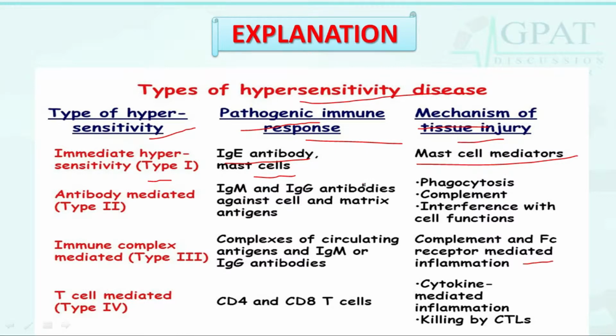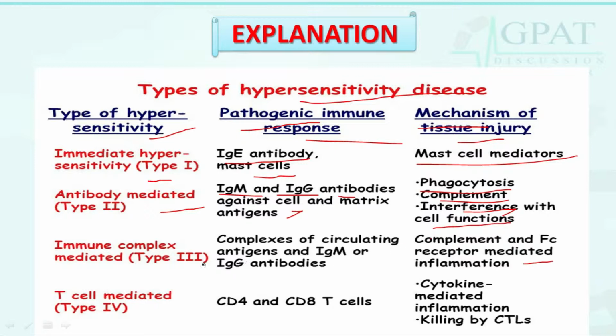Coming to the second one, that is antibody mediated, type 2. IgM and IgG antibodies against cell and matrix antigens is the pathogenic immune response. And what is the mechanism of tissue injury? First is phagocytosis, second is complement, third is interference with the cell functions.